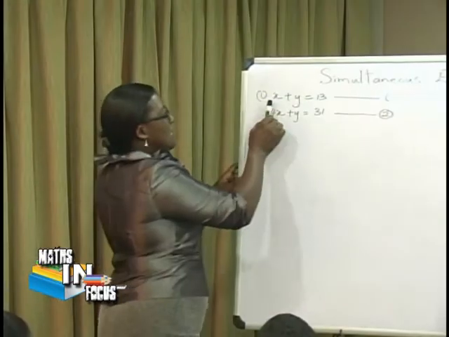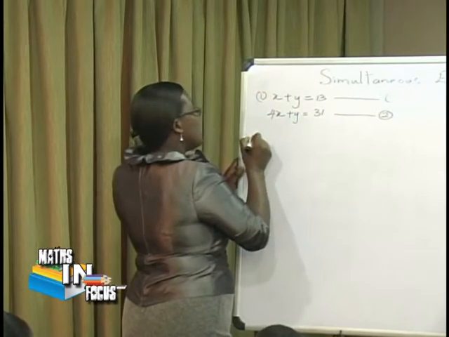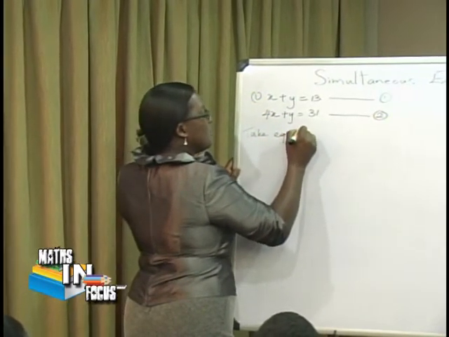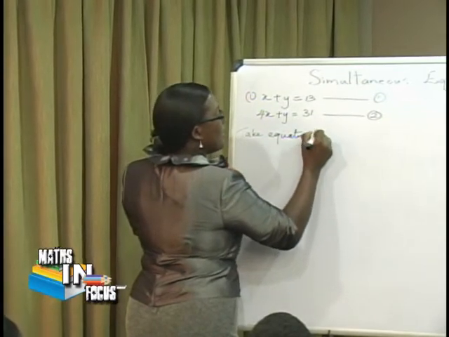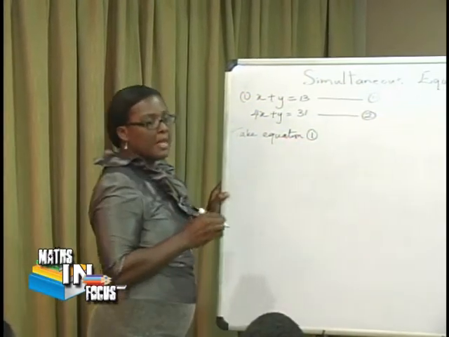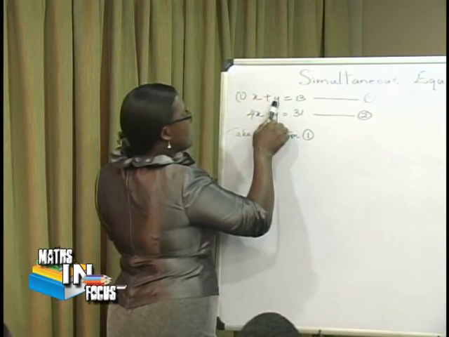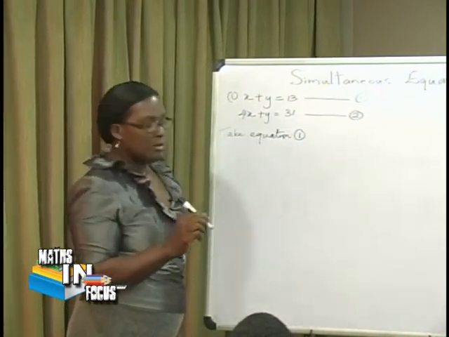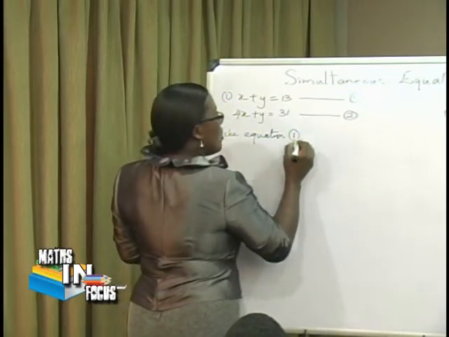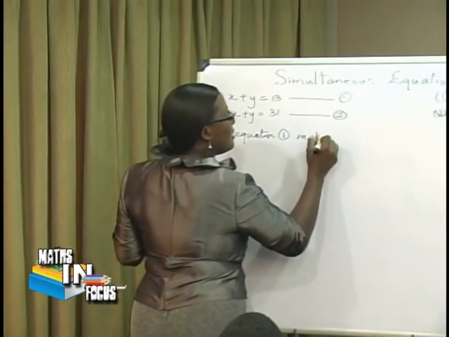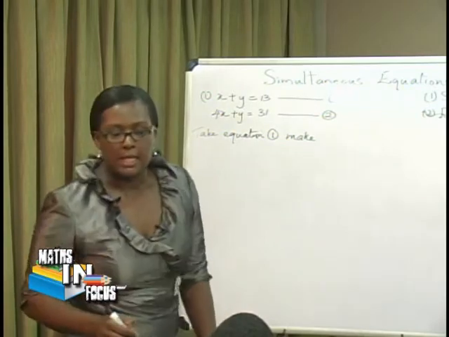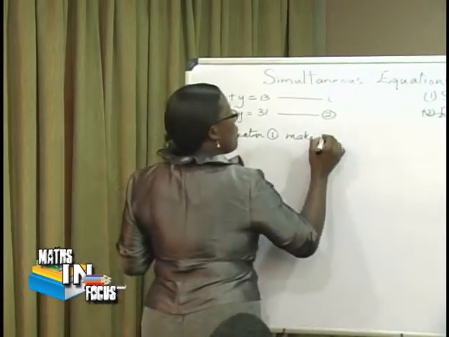So let's write equation 1 here. We need to either make x the subject or y the subject of that equation. Which one do you want us to make the subject, x or y? Y. And make y the subject.